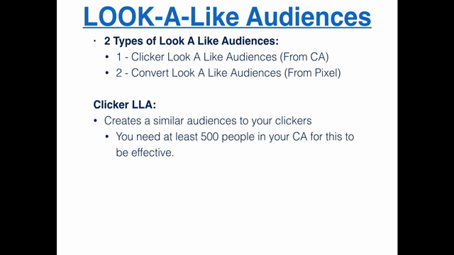So the minimum I will create a lookalike audience from is a group of 500 people. Okay, so try to wait till it hits 500 or plus. It's really best if you can wait till you have 1,000. So when your custom audience says that you have 500 people in it or so, that's basically the green light to go in and create a lookalike audience from that.